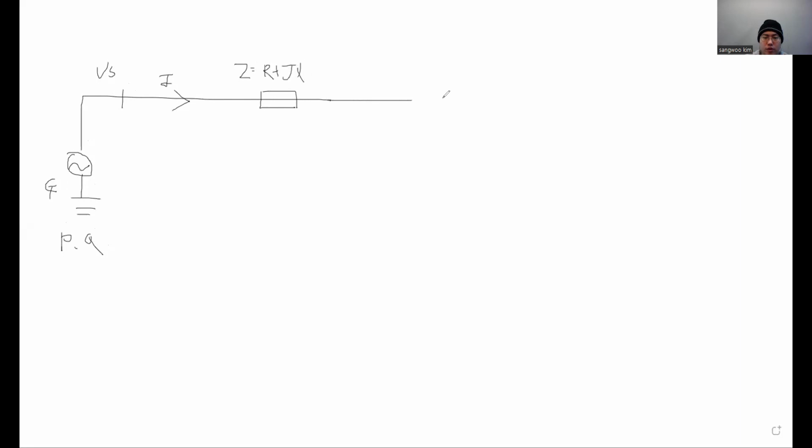So first of all, we need to know for the power system, right? It is G, and then we need the P and Q. Try to also draw this, okay, guys, when you have time.